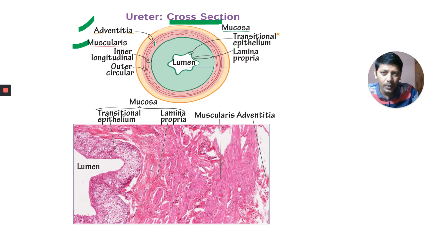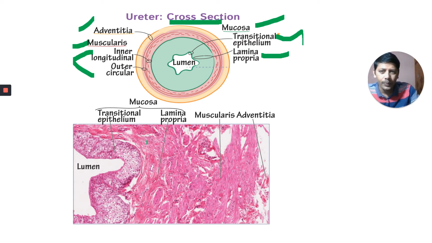You can also see adventitia here. Below that there are muscles: inner longitudinal and outer circular muscles are there. You also learned inner longitudinal in the body wall of earthworm. And mucosa is present. The mucosa consists of lamina propria and transitional epithelium.